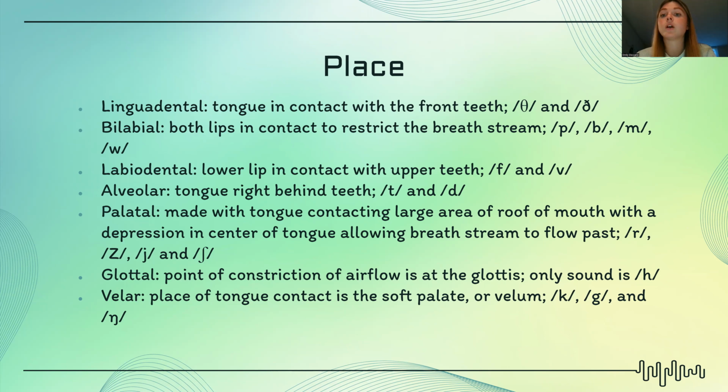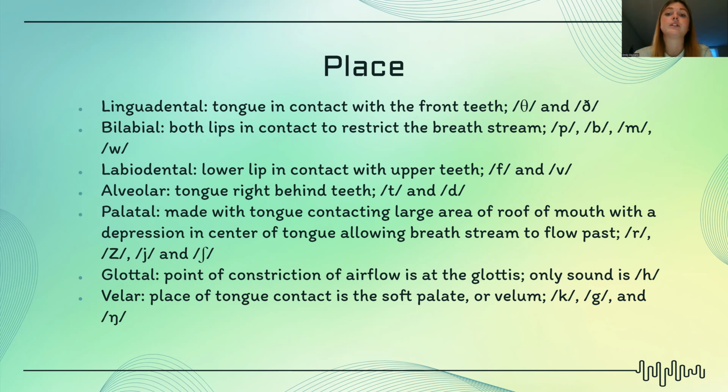Some examples are P, B, M, and W. If you make all those different sounds, you can feel how your lips come together to produce them. And the next one is labiodental. That is your lips touching your teeth. Labio is lip again, just like in bilabial, and dental is teeth.